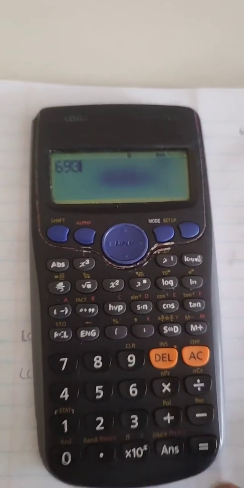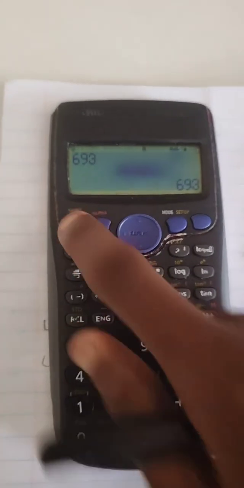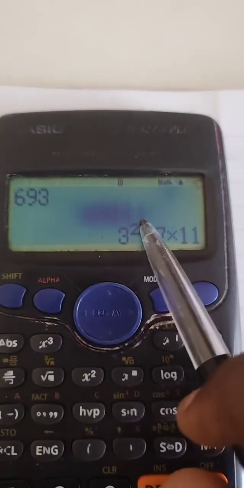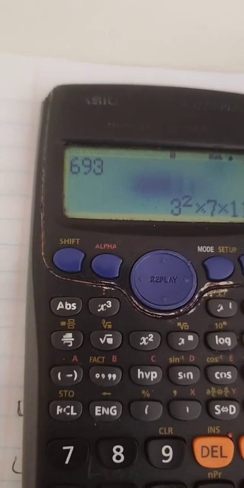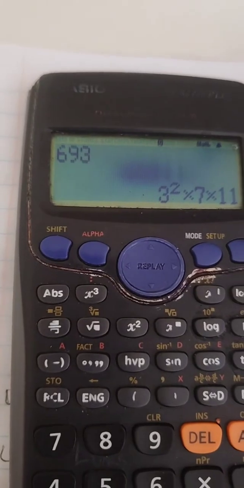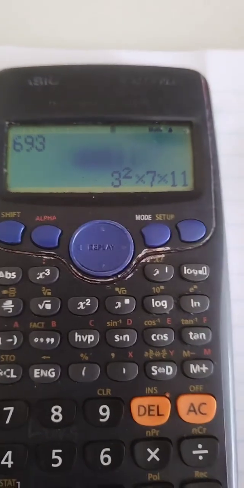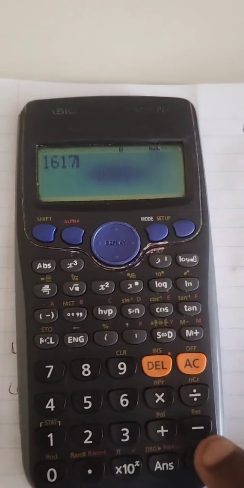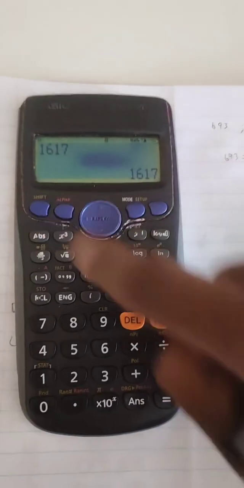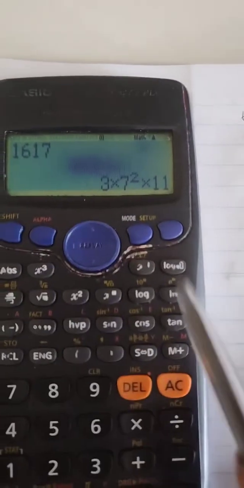Okay, I'm going to shortcut this one, because hey guys, you don't understand. I know you would all do the ladder method. 693, equal to, shift, then boom, factorize: 3 squared times 7 times 11. That's 693. Then 1617, equal to, shift, then factorize: 3 times 7 squared times 11.